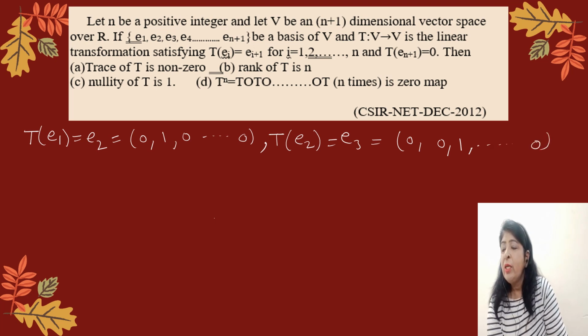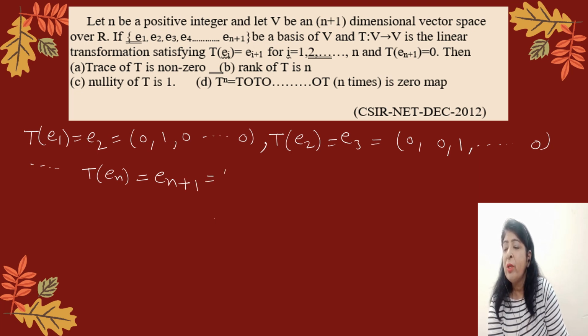Then T of E n will be E n plus 1, meaning at the n plus 1th term you have 1, so 0, 0 and so on 1. Then T of E n plus 1 is equal to 0, 0, 0 and 0.